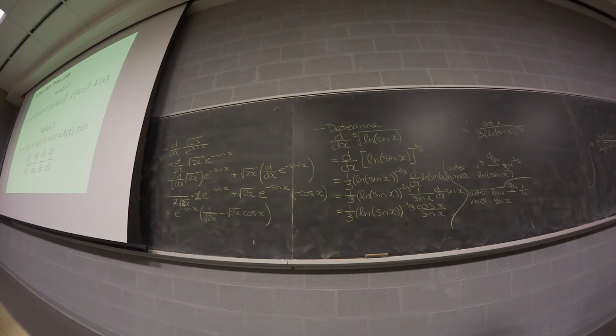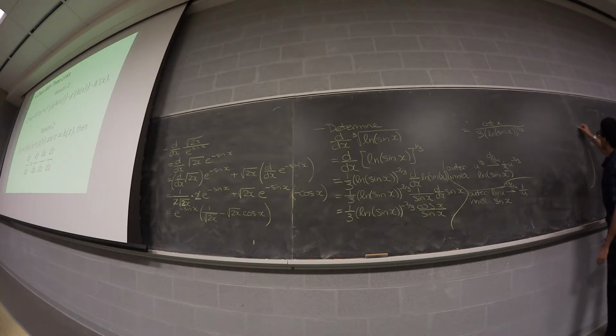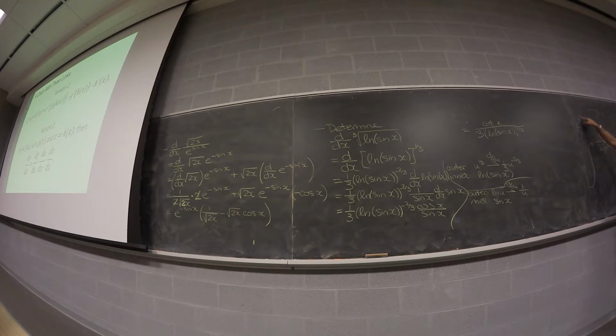So essentially, for any e to the something, the derivative is still the same, times the derivative of the exponent, by chain rule. Like e to the m, the derivative is still e to the m. So like e to the x squared, the derivative with respect to x is e to the x squared times 2x.